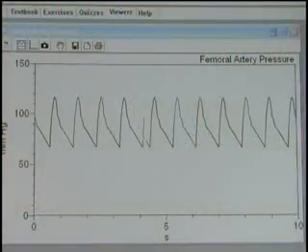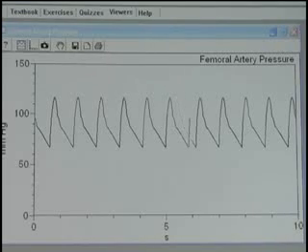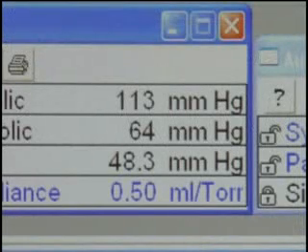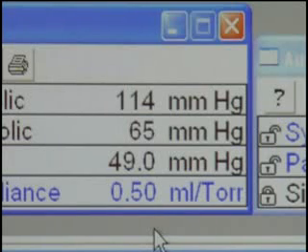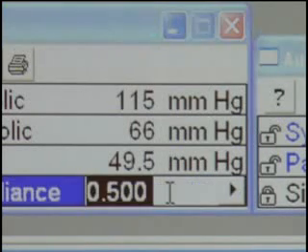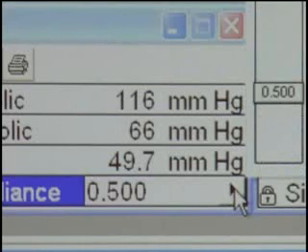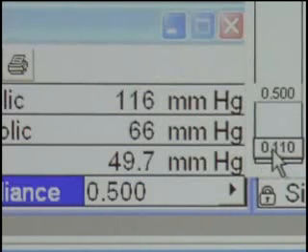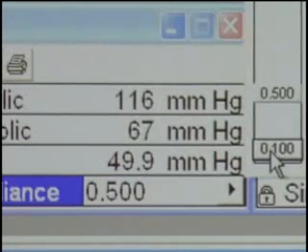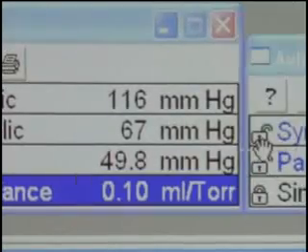And now I'm just going to stiffen that aorta. I'm going to reduce its compliance by a lot. So the pulse pressure is very close to 50, and I'm going to reduce the compliance of the aorta. That means I'm going to stiffen it, more like a steel pipe.